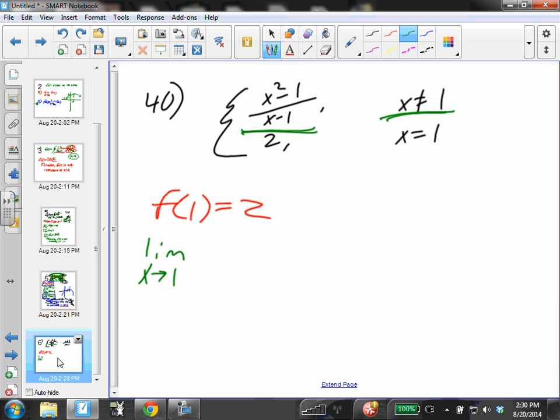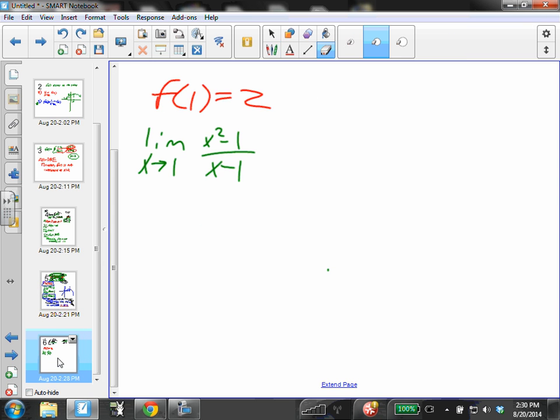So the limit as x approaches 1 in general is for x squared minus 1 over x minus 1, right? Instead of breaking it apart, I'm just going to use that one because we would use the same one for the left hand and for the right hand. So we can just talk about it all in one piece instead of having to break it in 2.